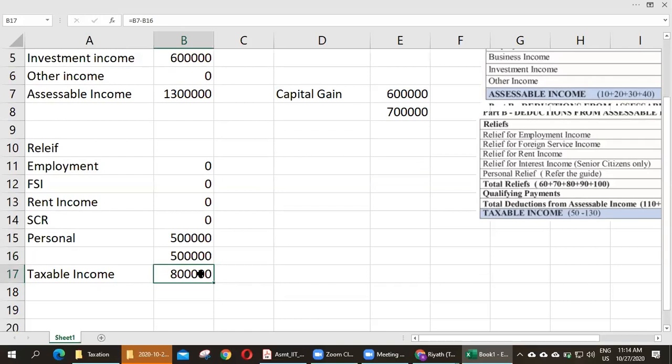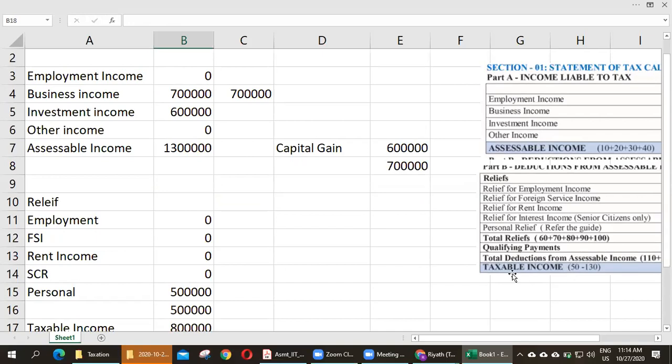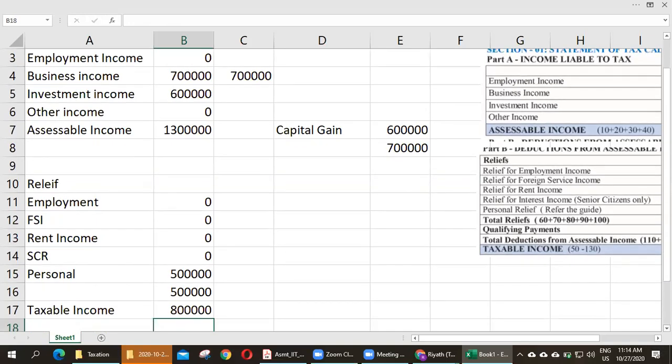Is it clear? Any questions you can ask? Some of you may be confused. If so, please ask questions. The capital gain is already given to us.